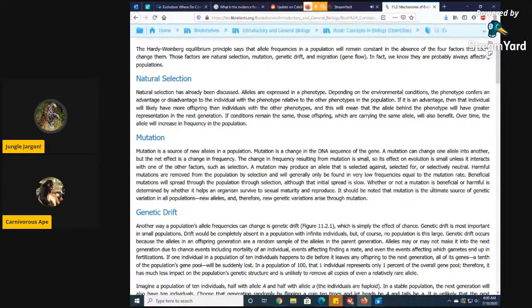Whether or not the mutation is beneficial or harmful is determined by whether it helps the organism survive to sexual maturity and reproduce. It should be noted that mutation is the ultimate source of genetic variation in all populations: new alleles, and therefore new genetic variations, arise through mutation.